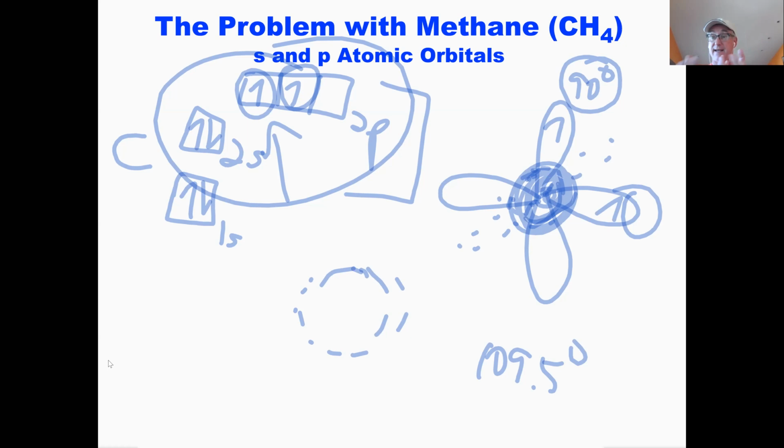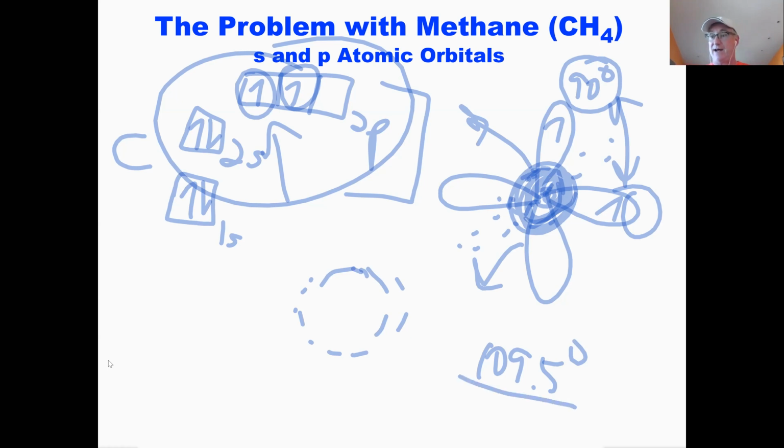So when they make a methane molecule, they have to change their orientation. They just have to, because we don't have 2 bonds with a 90 degree angle between each other and another 2 just sort of in a sphere. We don't have that. They're all exactly the same.